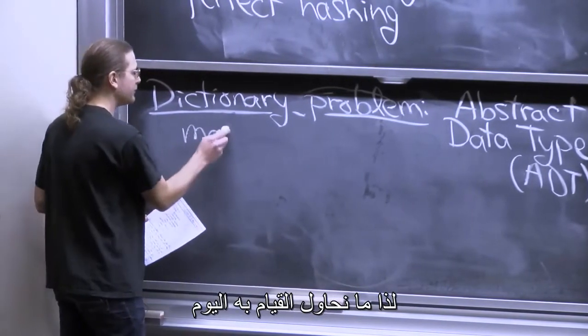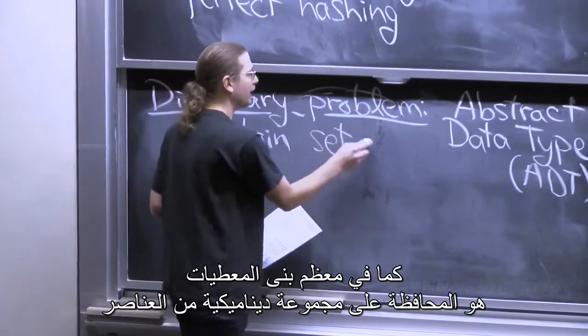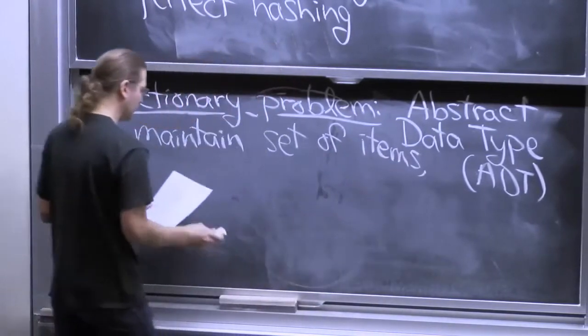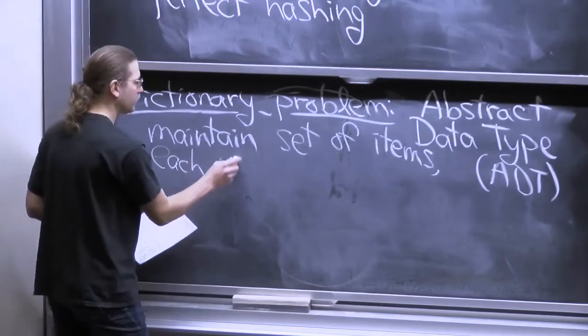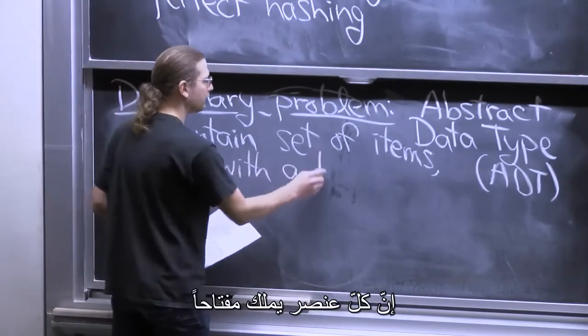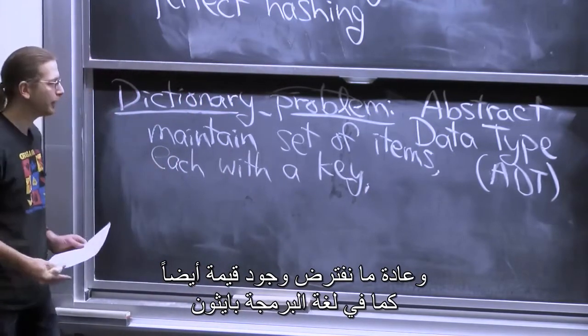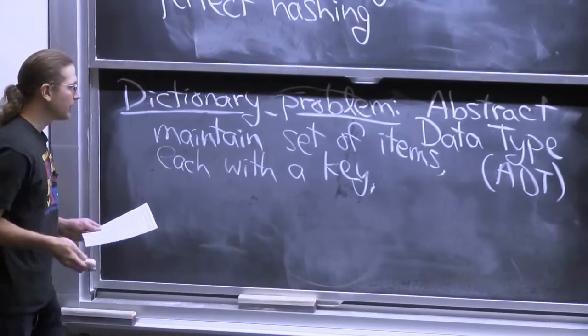So what we're trying to do today, as in most data structures, is maintain a dynamic set of items. And here I'm going to distinguish between the items and their keys. Each item has a key, and normally you think of there also being a value like in Python, but we're just worrying about the keys and moving the items around.